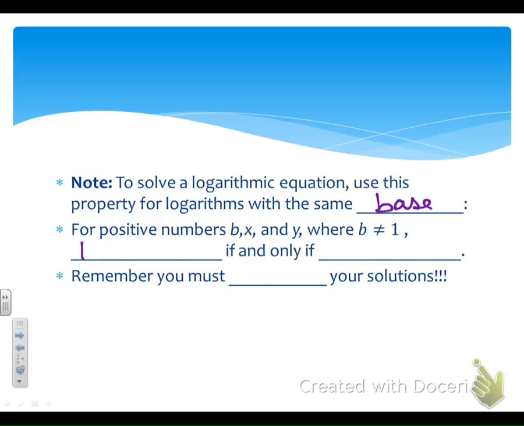So the property is, if you have log base b of something equal to log base b of something else, then you can say that those arguments are equal to each other. So log base b of x equal to log base b of y, then that means whatever this argument is has to equal this argument.